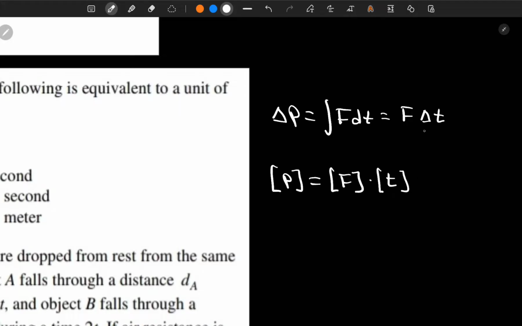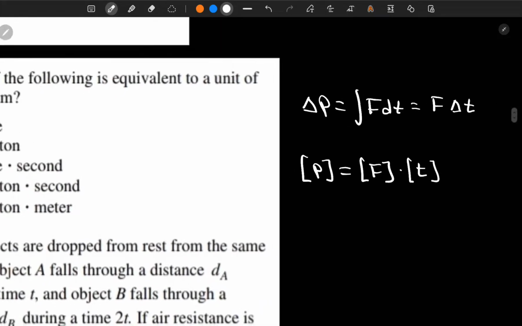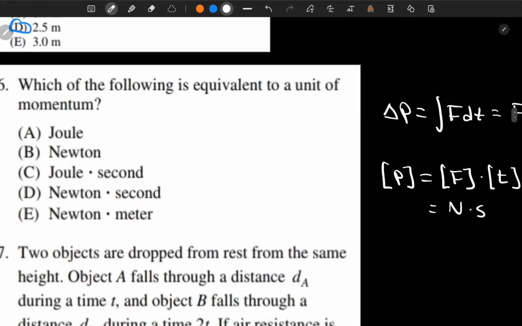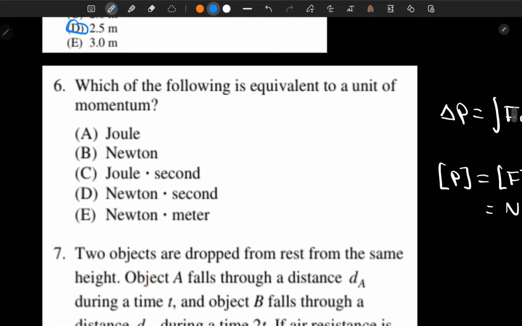That's simply because P is equal to F times delta T, so the units of P should be the units of F times the units of T. Well, the units of F are newtons, and the units of time are seconds, so the units of momentum are Newton seconds. So the answer here is D.